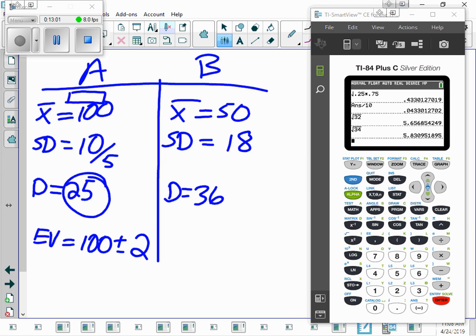If I make more draws, does my average change? No. Does my SE change? Yes. If I make more draws, what's going to happen to my SE? It's going to get smaller. Right. The more draws you make, the smaller your expected error. Okay. Now, over in box B, I draw 36 times. So the expected value is 50 plus or minus what?